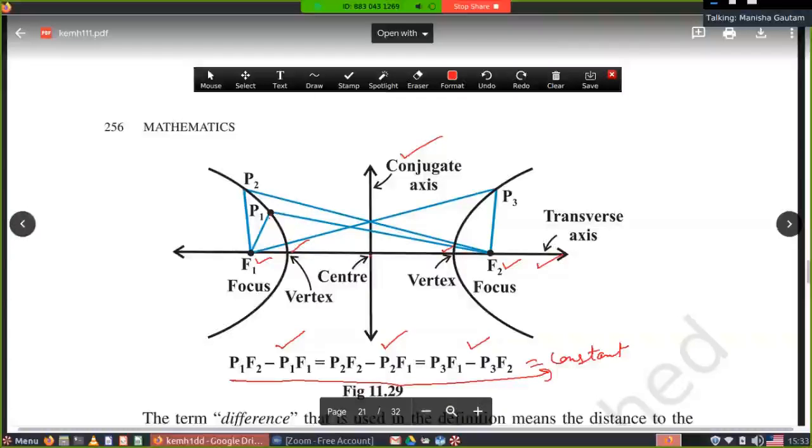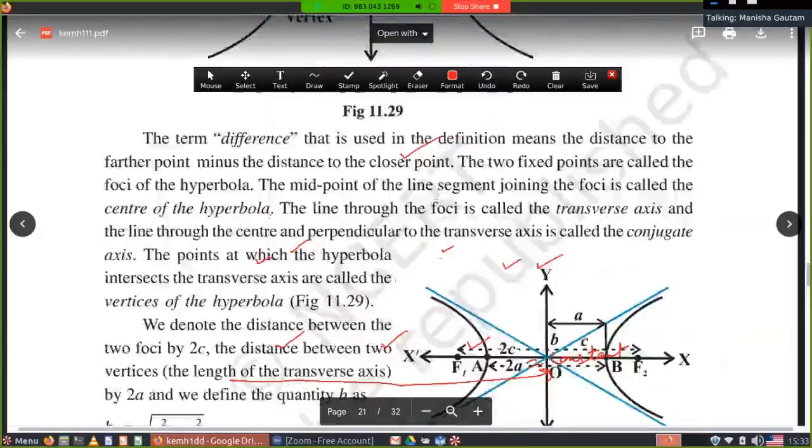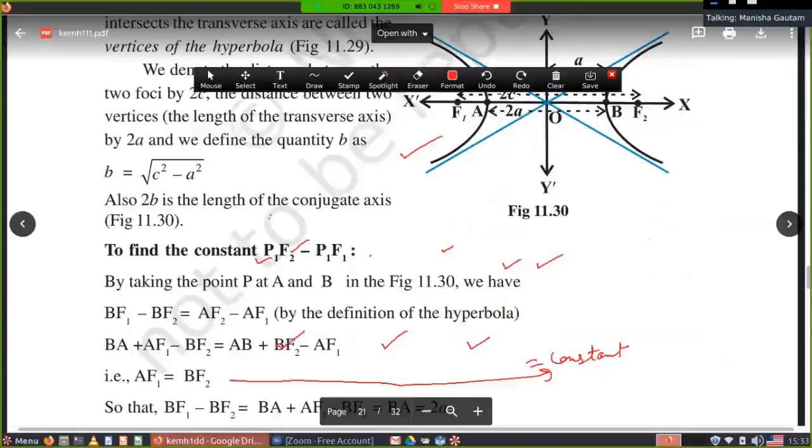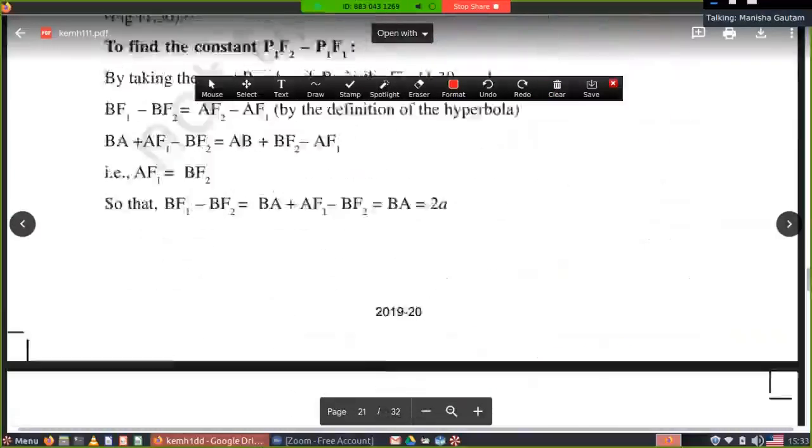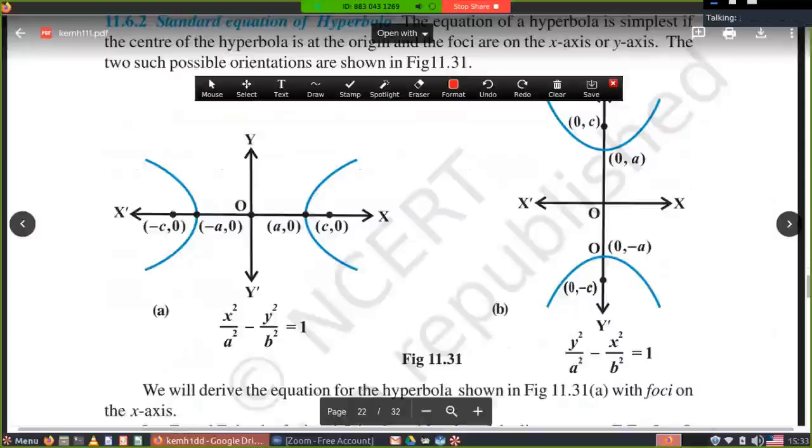This is a way to get an idea which type of curve you are getting. Now we will discuss types of hyperbolas. First type of hyperbola is a horizontal hyperbola, and this is a vertical hyperbola.